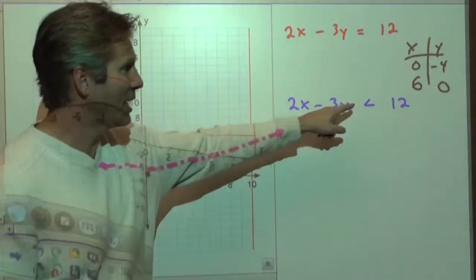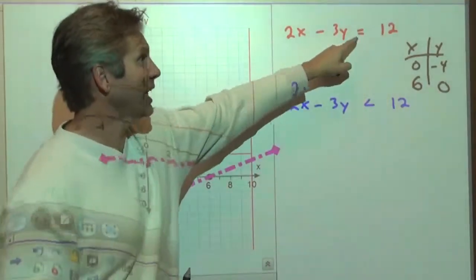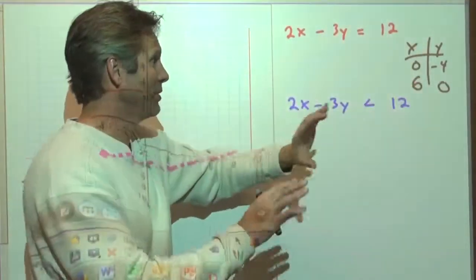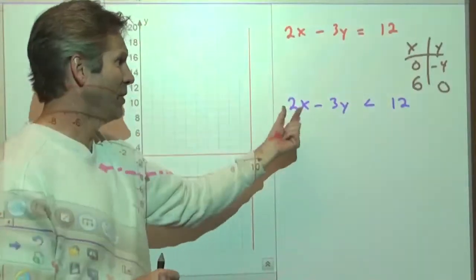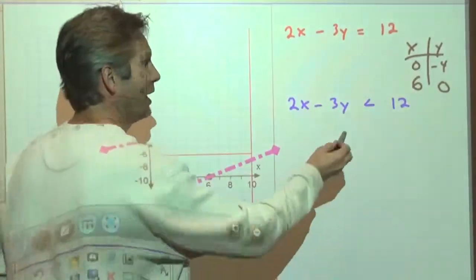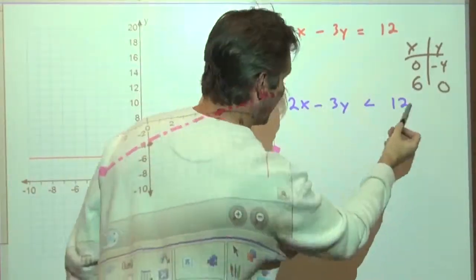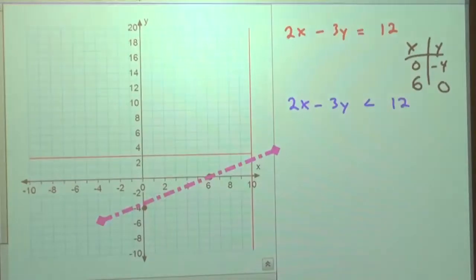It's dotted because this is less than. We can't have any points that are exactly on the line like these two ordered pairs. They wouldn't be solutions for this. 0 minus -12 is not less than 12 anyways. Those points on the line would be no good.